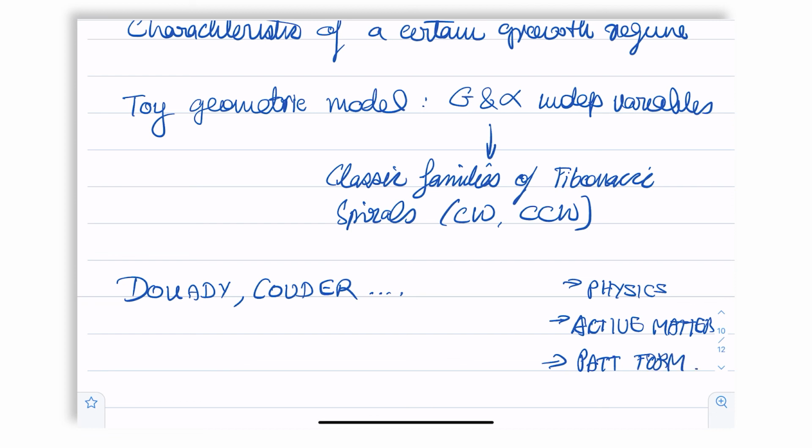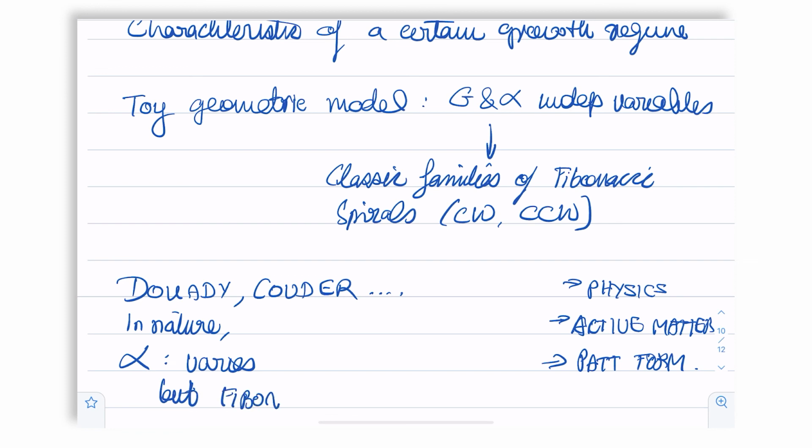This model doesn't completely explain everything, because in nature, while alpha varies, Fibonacci series still appear.